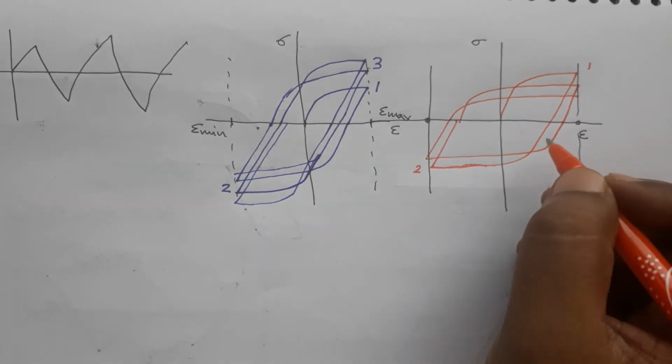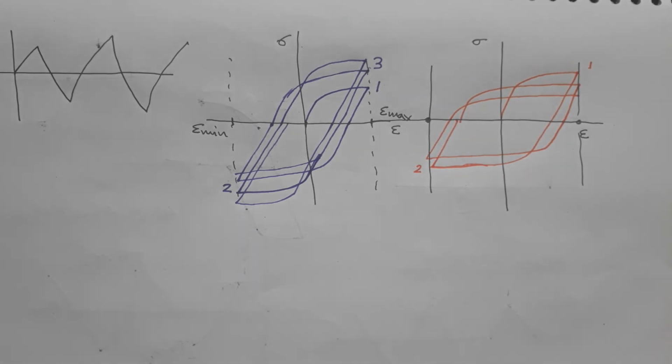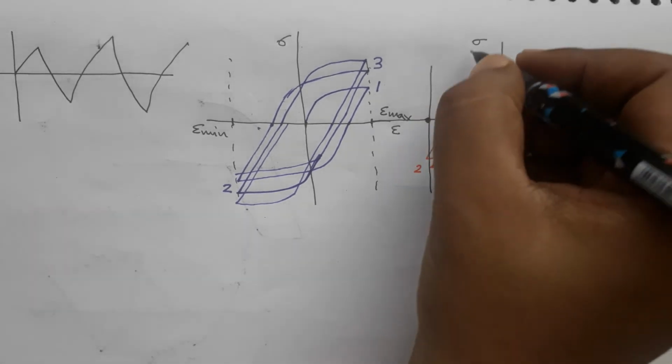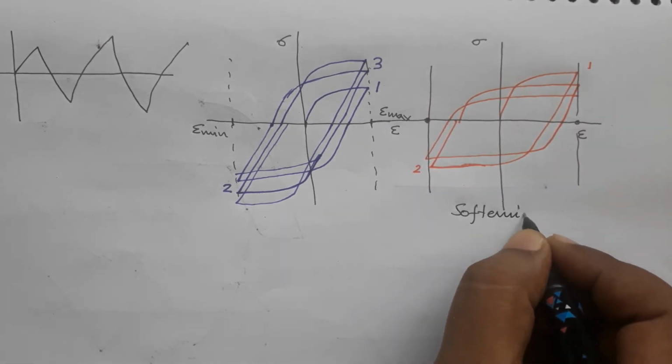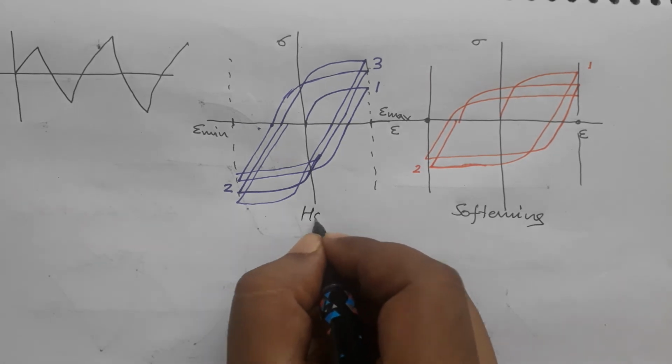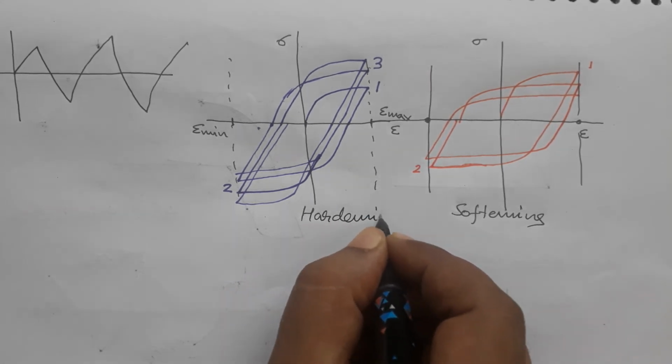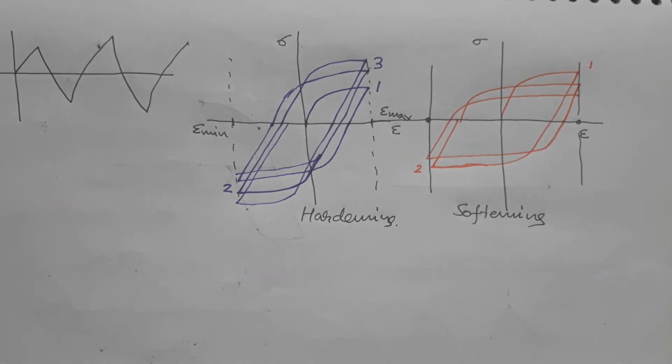So this is how it will look like in cyclic softening. So this is softening and this is hardening. Okay, so this is how the material will evolve with each cycle.